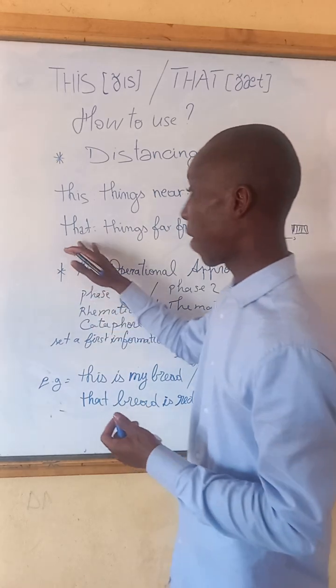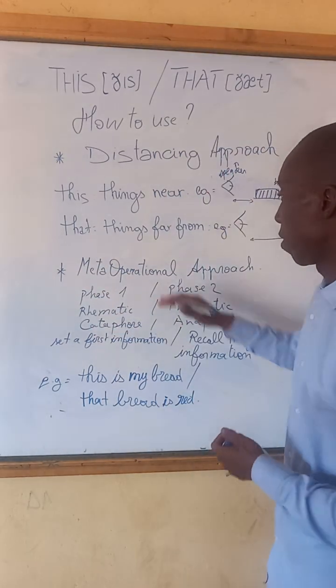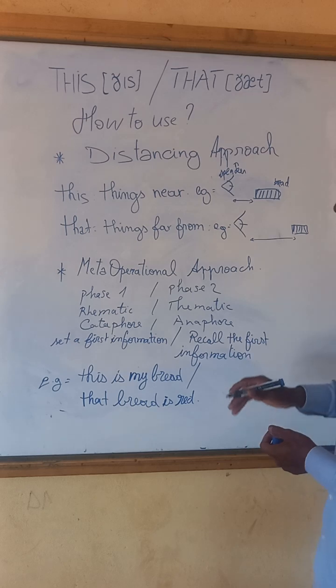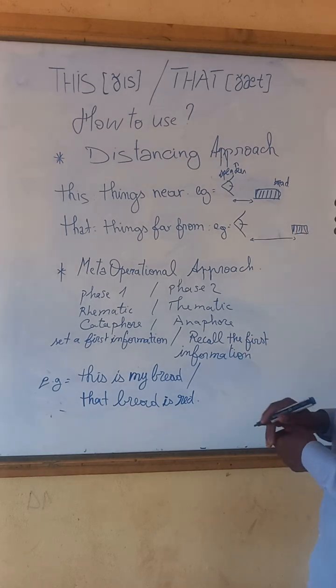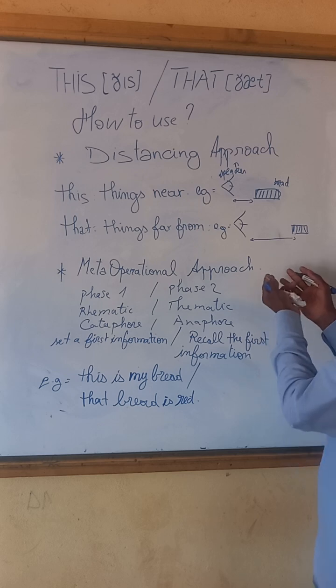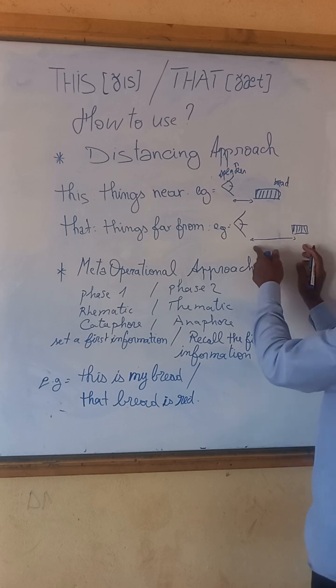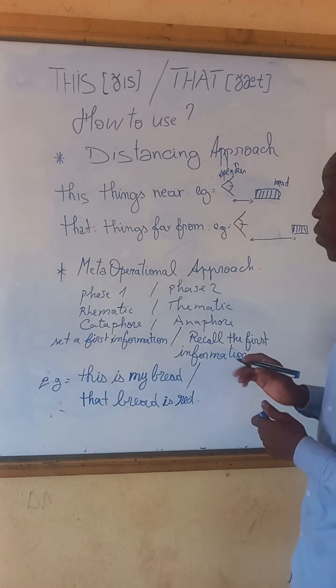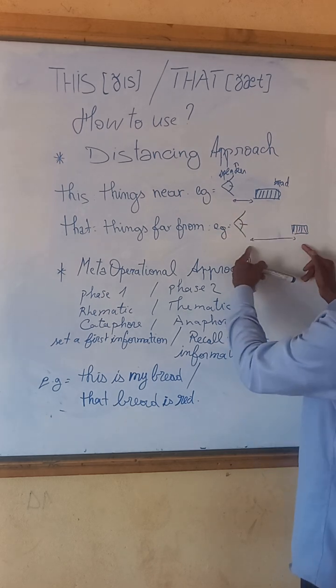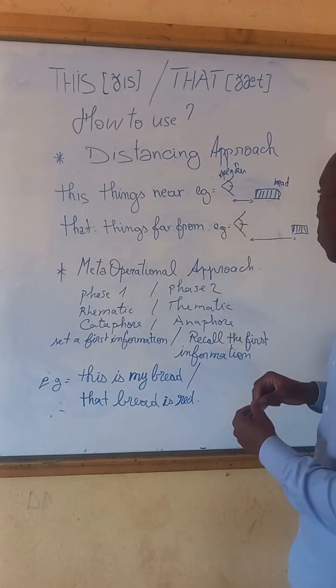It is the same with that. That here, things far from us. Okay, here is the speaker, and here is the icon representing the bread. And you can pay attention to the distancing compared to the above distancing. It's longer than that one.